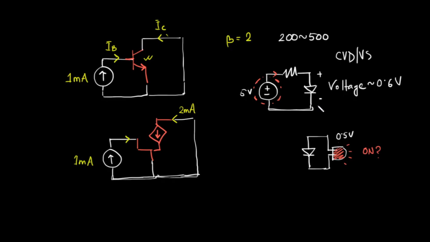I only need 0.6 volt from the voltage source, but that voltage needs to be supplied by an external source. The diode cannot produce a voltage on its own, because as you know, the diode does not have an internal voltage or power supply inside it.